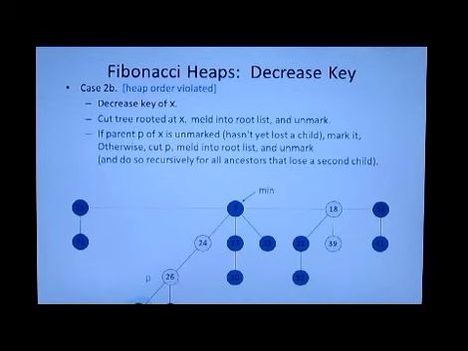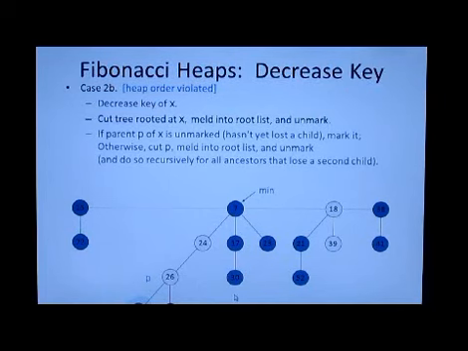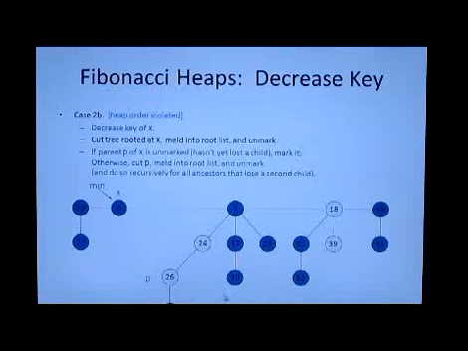At first, we cut 35 and meld it into the root list. The parent of 35 was 26. 26 is marked, so we should cut 26 also and meld it into the root list.